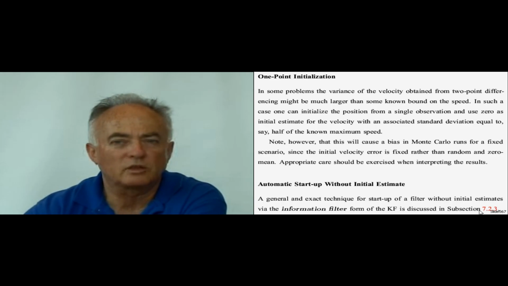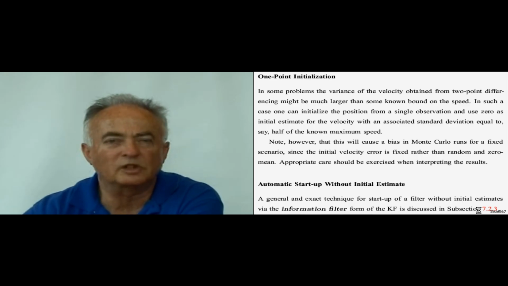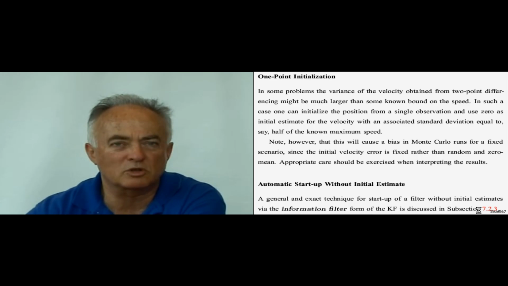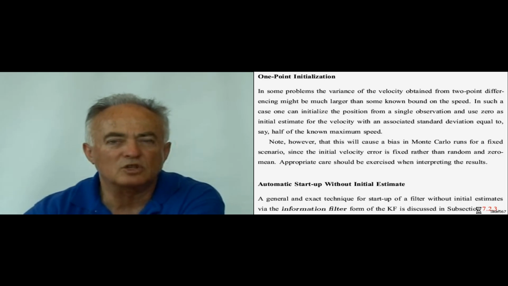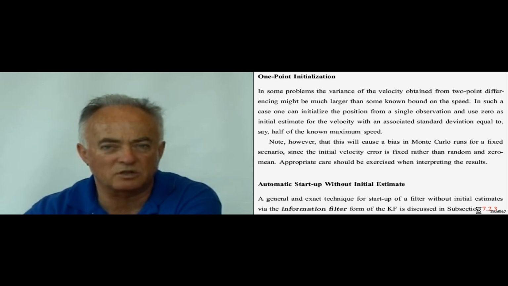If your initial information is nothing, you assume you don't know anything prior to the first measurement, you take that information state P inverse x hat equal to 0, and it turns out the filter can start from 0 and pick up the measurements, and after a while the P inverse is not 0, because when P is infinity, no prior information, then P inverse is 0, then P inverse x hat is 0.